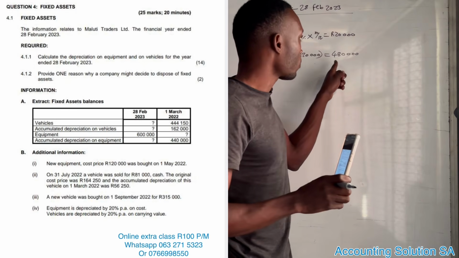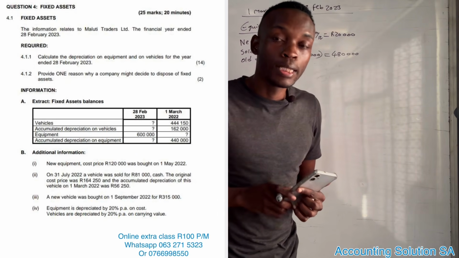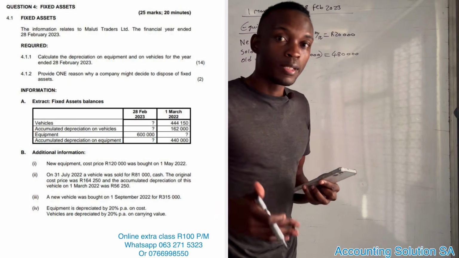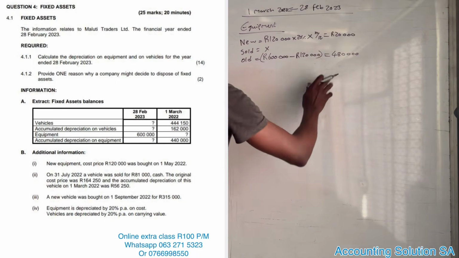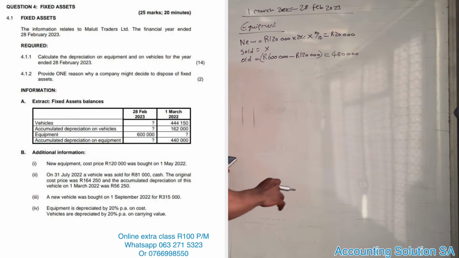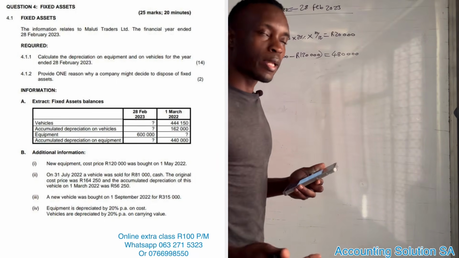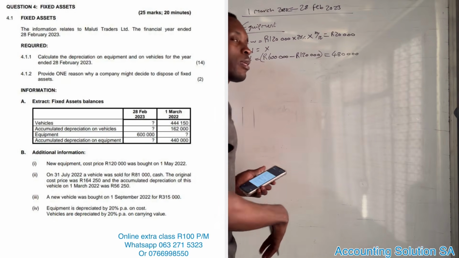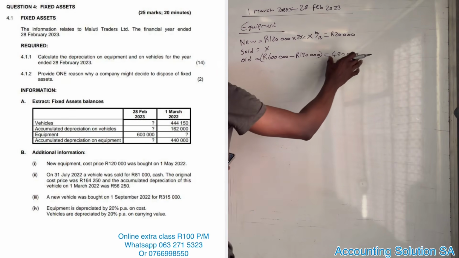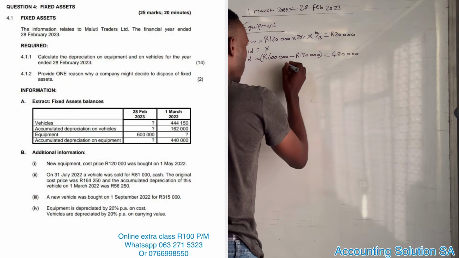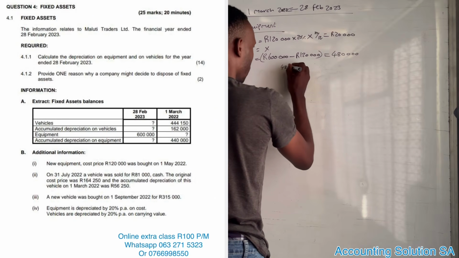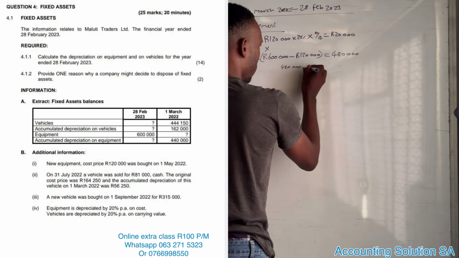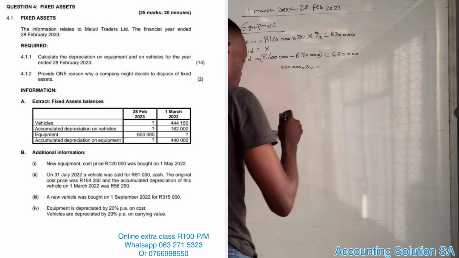Because the depreciation when you calculate is going to exceed the accumulated. Okay. Now, the accumulated, guys, must not exceed the cost price because you can have a negative value. 480,000 multiplied by 20%, how much are you going to get?